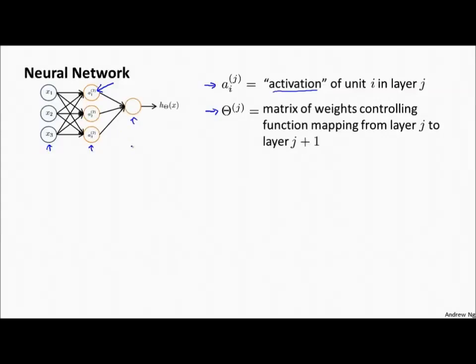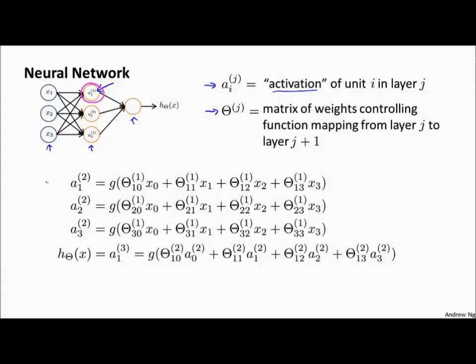So here are the computations that are represented by this diagram. This first hidden unit here has its value computed as follows. A21 is equal to the sigmoid function, or the sigmoid activation function, also called the logistic activation function, applied to this sort of linear combination of its inputs. And then this second hidden unit has its activation value computed as sigmoid of this, and similarly the third hidden unit is computed by that formula.